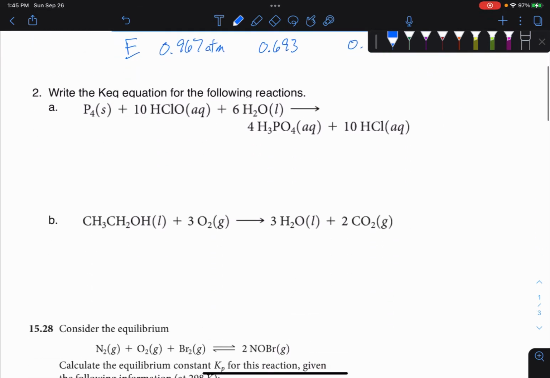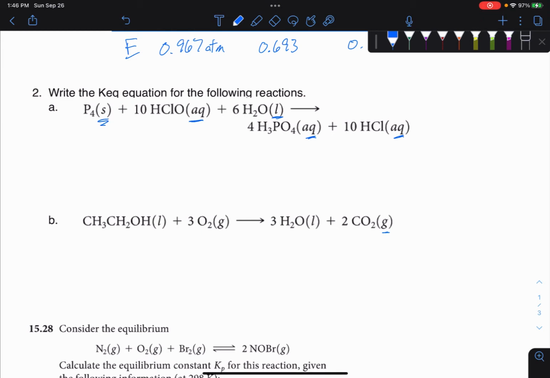Now, for problem number 2, what we see is really just setting up a couple of equilibrium expressions, or law of mass action equations, for these examples here. The reason I have this in the review sheet is just to remind us how we handle pure phases versus aqueous and versus gas.